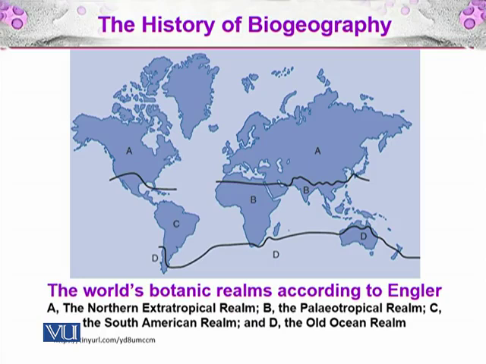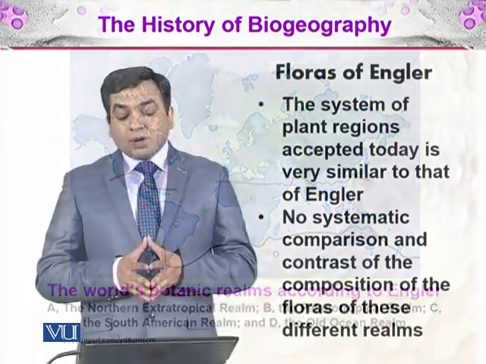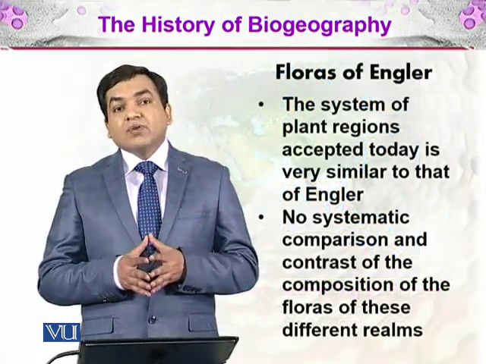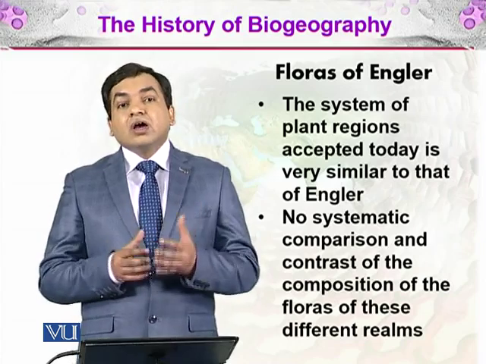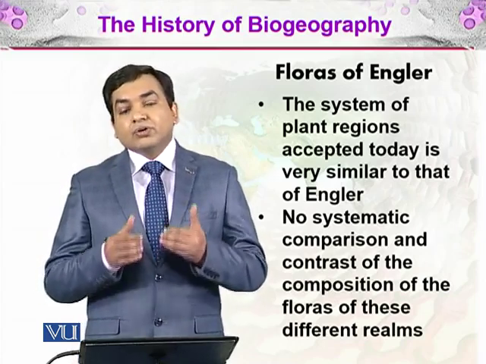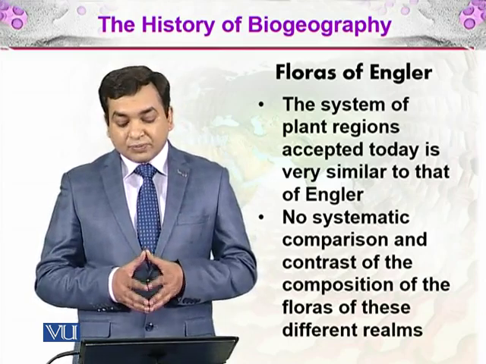So A is the northern extratropical realm, B is the paleotropical realm, C is the South American realm, and D is the old ocean realm. The system of plant regions devised by Engler is accepted today, and it is very much similar to the system that we have today.